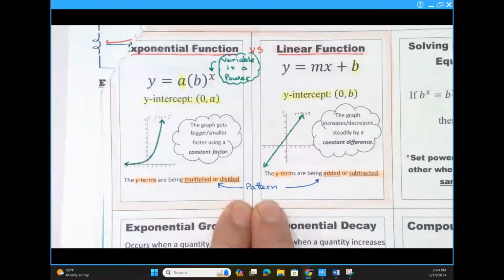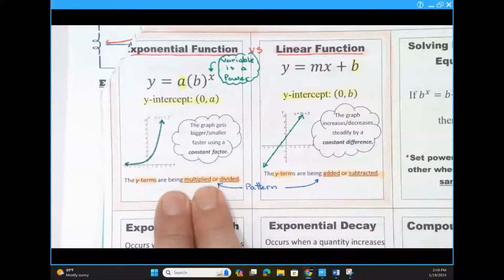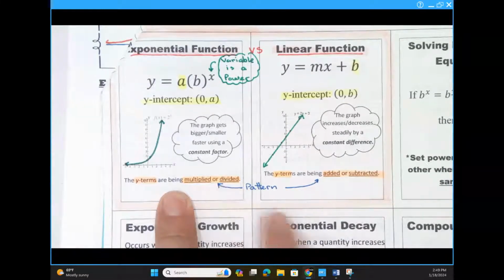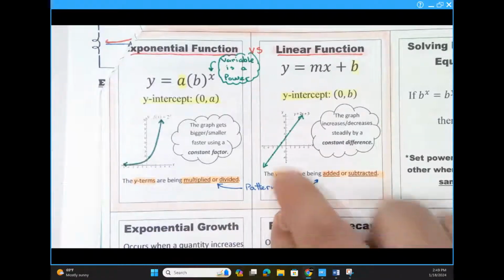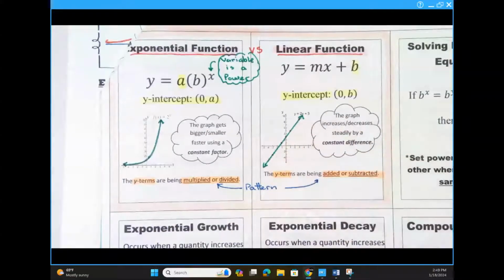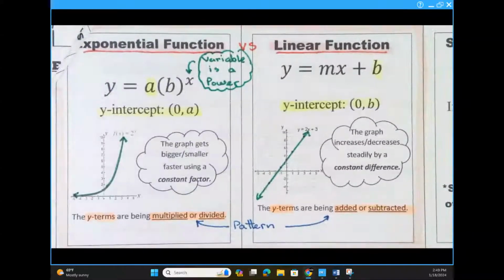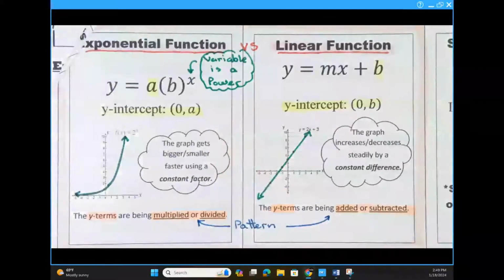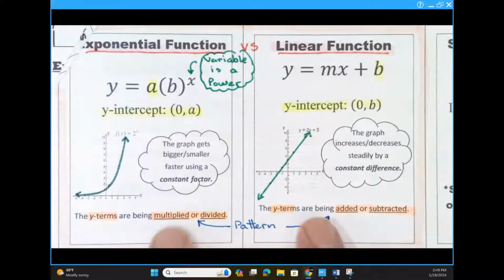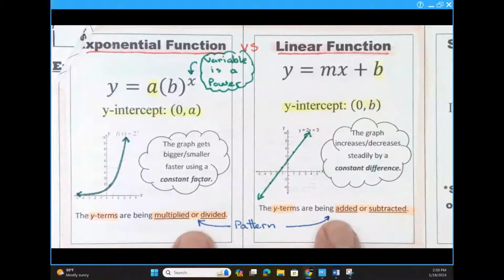I wrote pattern. We're going to get to that. The pattern means if it's exponential, you're doing multiplication or division. If you are adding or subtracting, that's when we have more of a linear pattern. But again, this right here, adding little words like this, variable is a power, but the word pattern, that's actually what we're going to use right now.